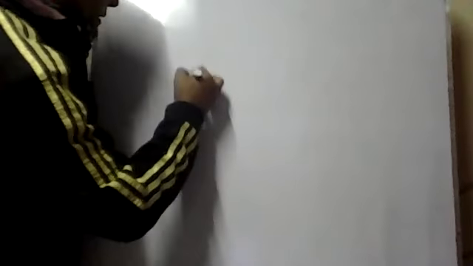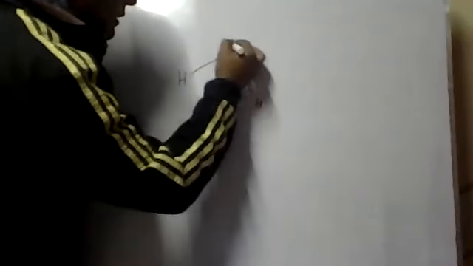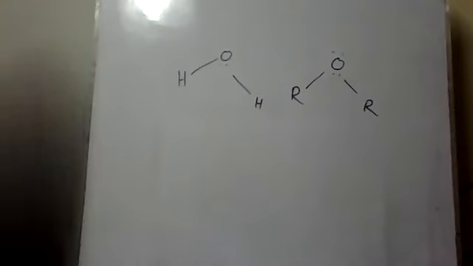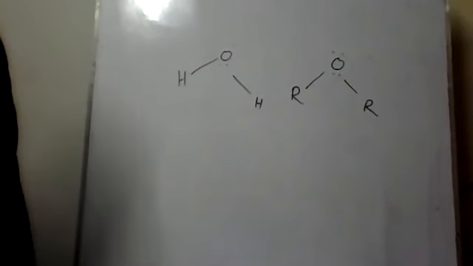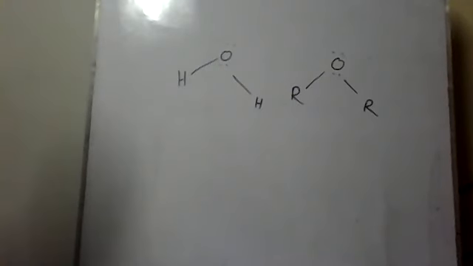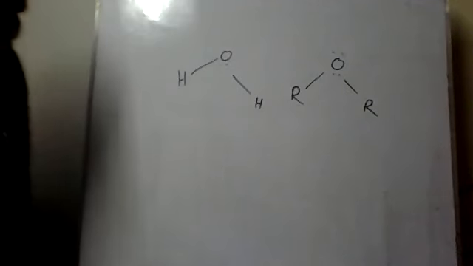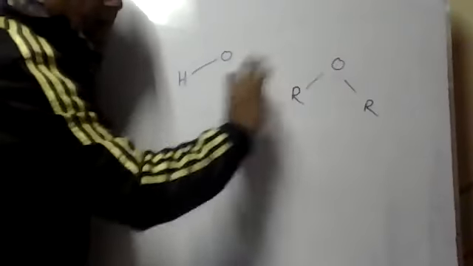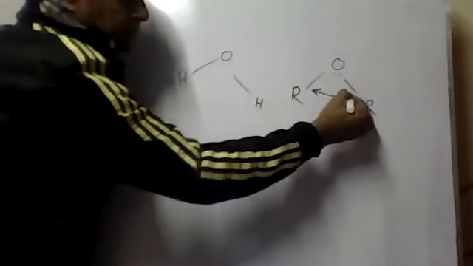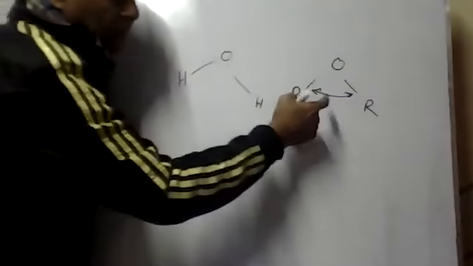Next one, why are ethers polar in nature? Just like you see, it is water, two lone pairs are there. This is ether. In ether, two lone pairs are present on the oxygen atom, and there will be repulsive interaction between the alkyl groups. It has a larger bond angle than water.